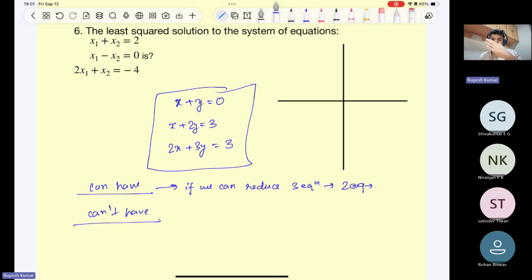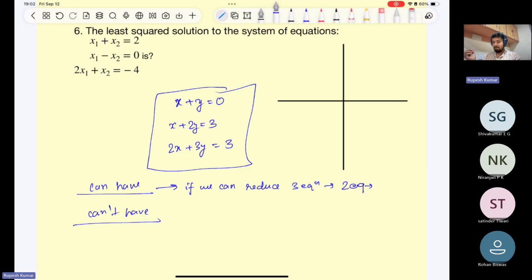Basically, at least two of the lines or planes lie on the same plane or the same line. Then we can have a solution. And if all three equations of lines or planes lie on the same line or the same plane, then we will get infinitely many solutions.